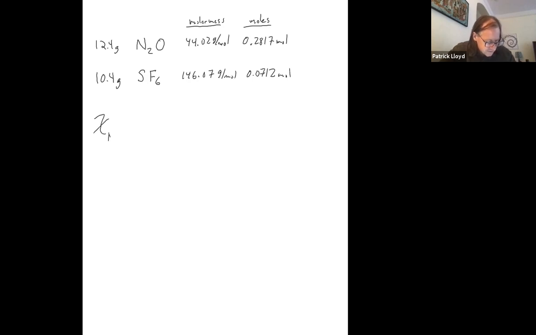Okay, so now let's do the mole fraction of each. I'm going to do the N2O. You take the moles of the N2O, and then you divide that by the total number of moles. So 0.2817 plus 0.0712.